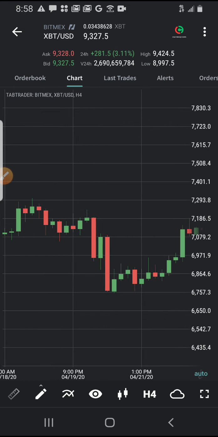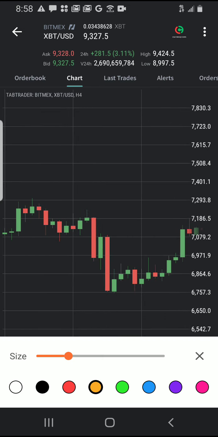I don't know if you have already seen it, but I can see it. What we have here is what we call a shooting star. Now, what did it say? It says that it appears during a bullish trend.